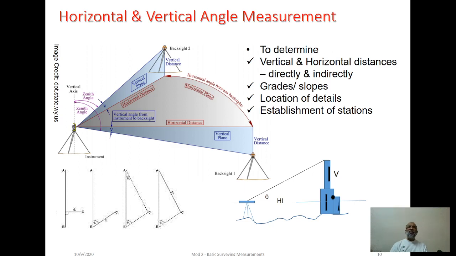Next, the third and fourth basic measurements are horizontal and vertical angle measurement. Let's focus simply on this particular brown part. As we discussed initially, we first define the direction of gravity.